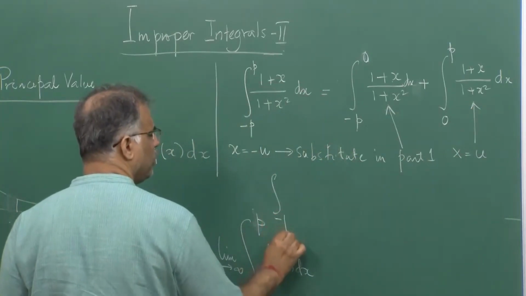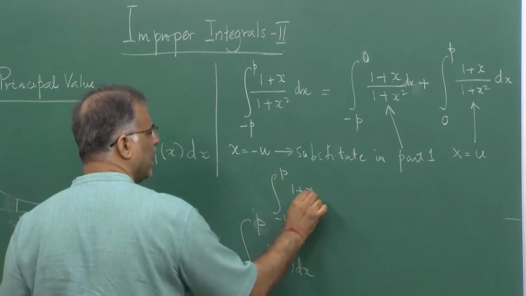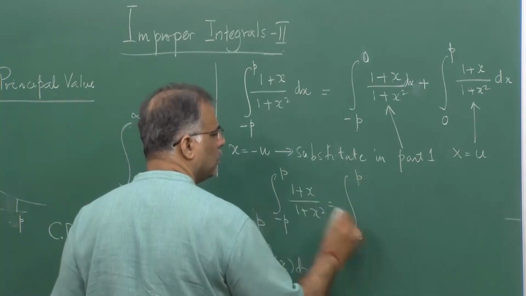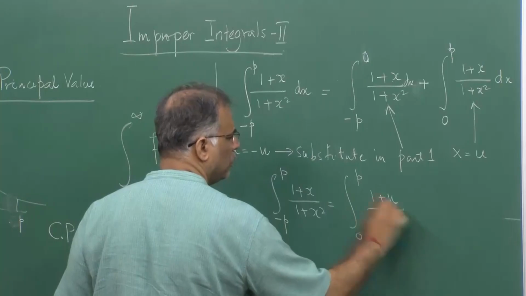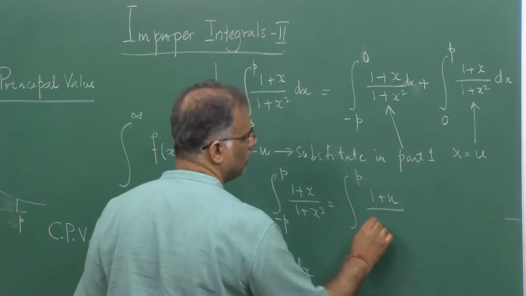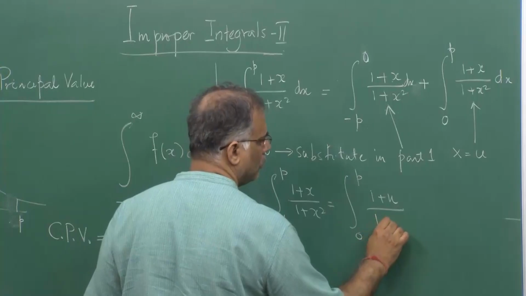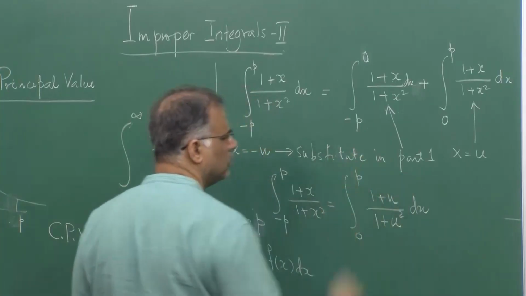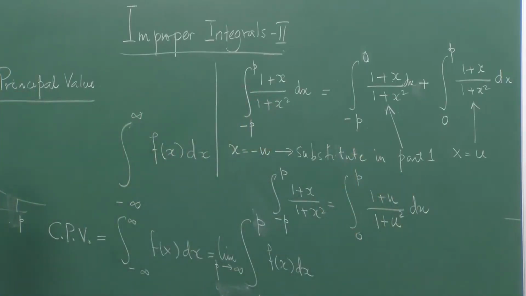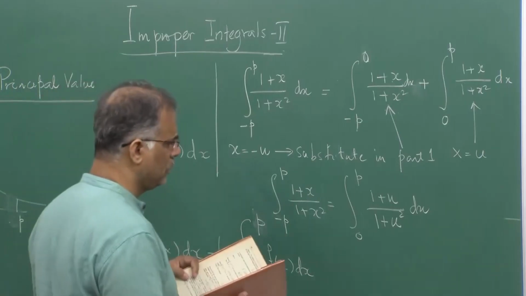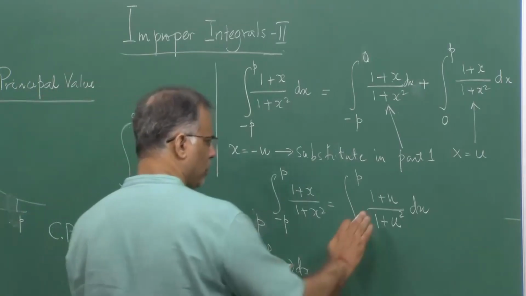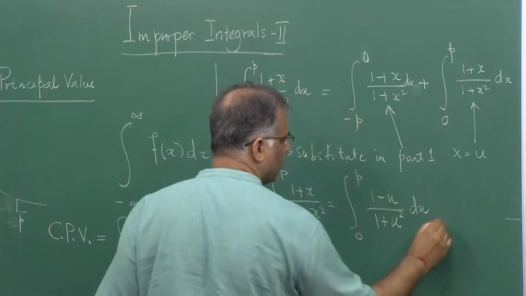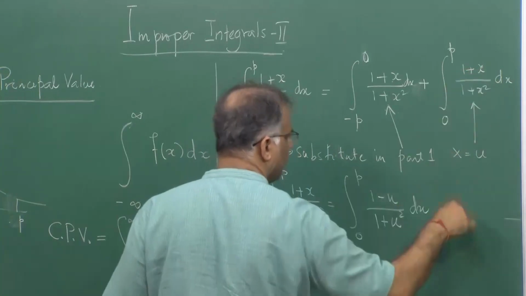Then minus p to p of 1 plus x by 1 plus x square would become 0 to p of 1 plus u by 1 plus u square du. For x equal to minus u, this will become 1 minus u by 1 plus u square, and this will remain. Putting x equal to u, it will become just the same thing.